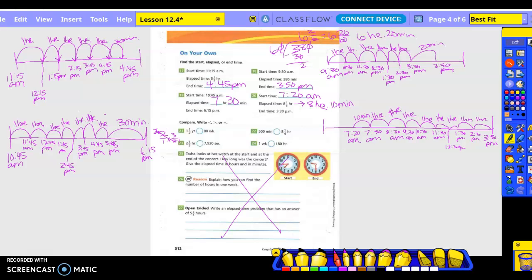Mentally, 3 times 6 is 18, carry the 1. 3 times 2 is 6 plus 1 is 7. So 1.5 years is less than 80 weeks.